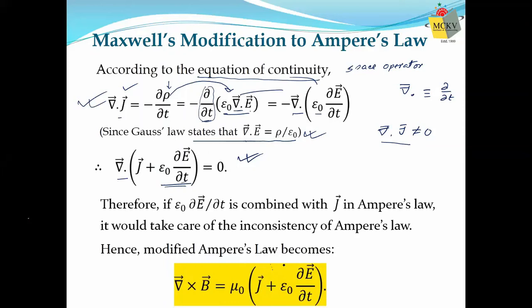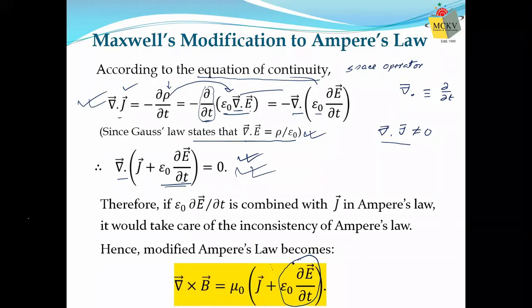Because in doing so, if I take divergence on both sides, divergence of curl of B is always 0. If I take divergence on the right hand side, mu naught is constant, so divergence of J plus epsilon naught del E del T is always 0. That was the trick of Maxwell. He only introduced this quantity, epsilon naught del E del T, in Ampere's law.